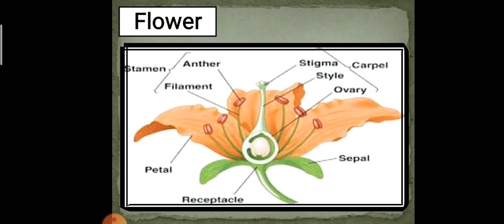In a typical flowering plant, when these four whorls are present, that flower is known as a complete flower, and if any one is absent, then that flower is known as an incomplete flower.